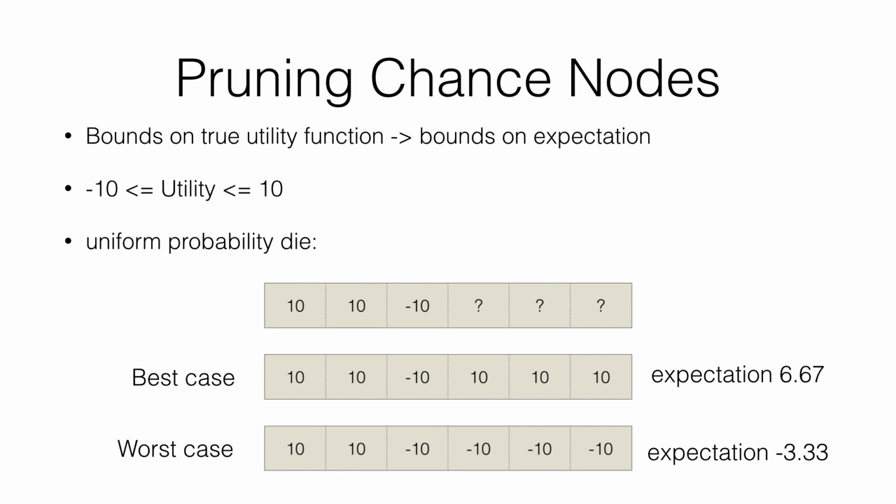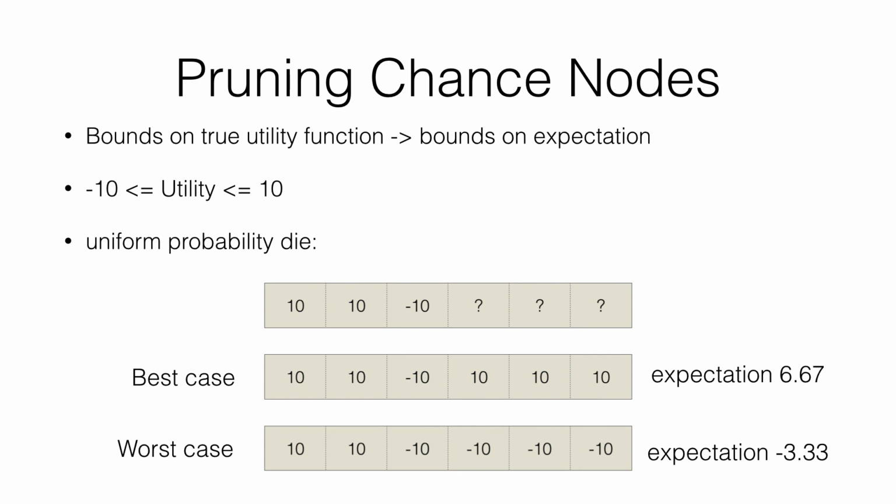Let's say we observe all but one state. We're at the point where we've seen a 10, a 10, a 10, a 10, a 10, a minus 10, a 10, and a 10. And then the last one's still a question mark, right? If we are in that situation, do we know anything about the expected value?